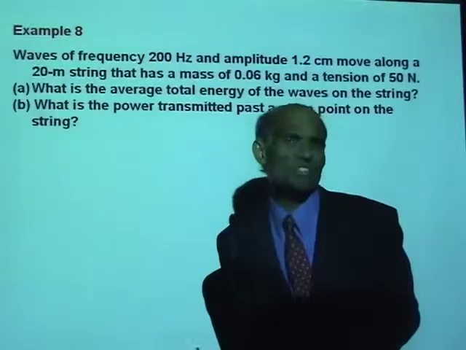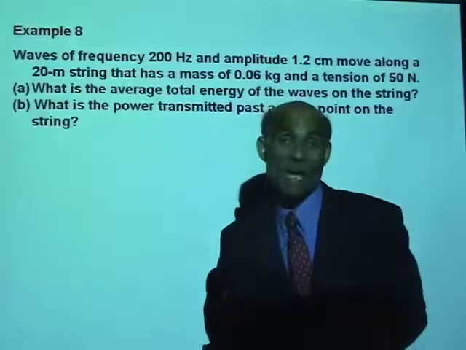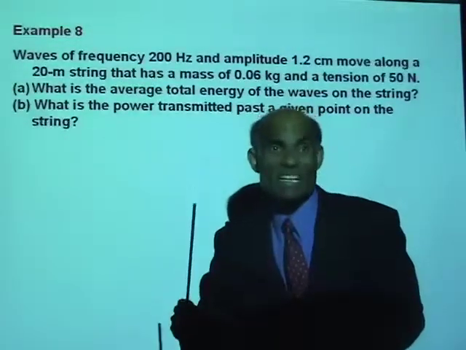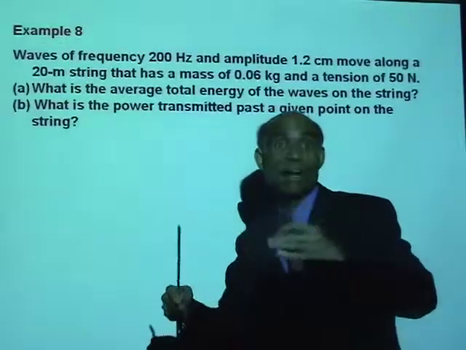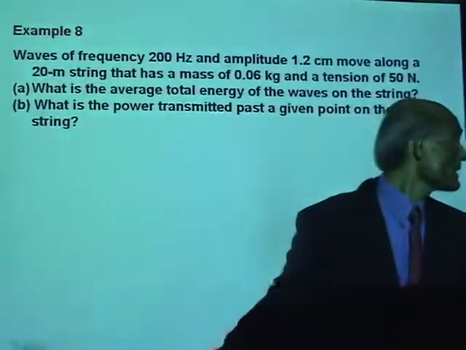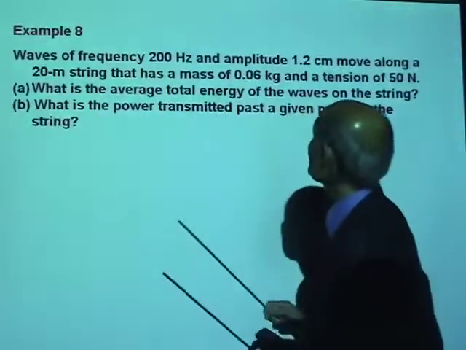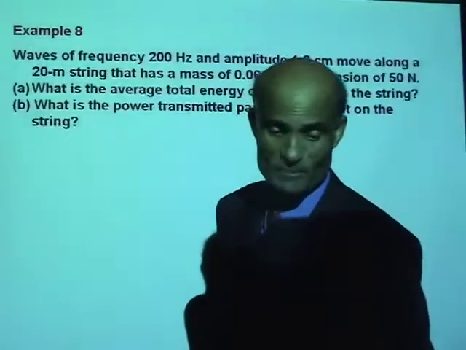What's the equation for energy transmitted? Well, 1/2 mu omega squared a squared delta x, which can be replaced by v times t. And then finally, what is the power transmitted past a given point on the string?